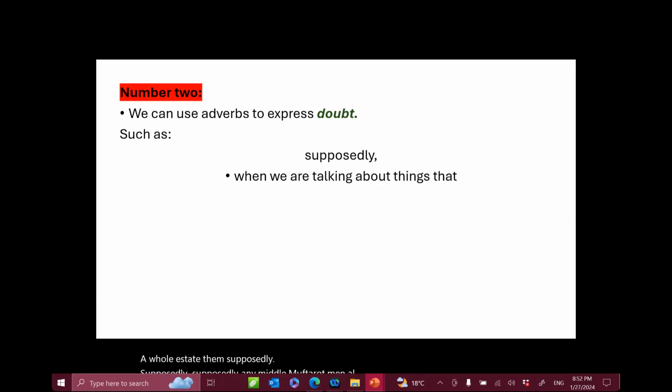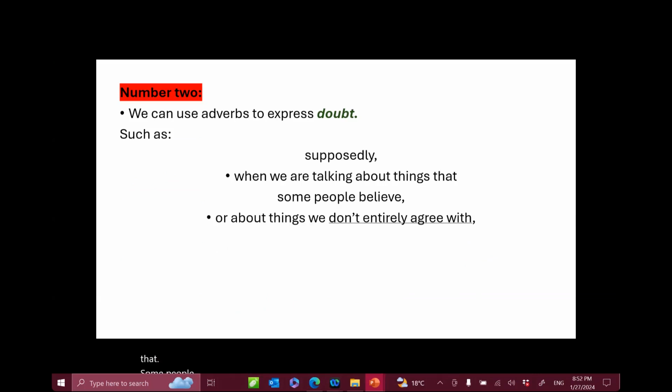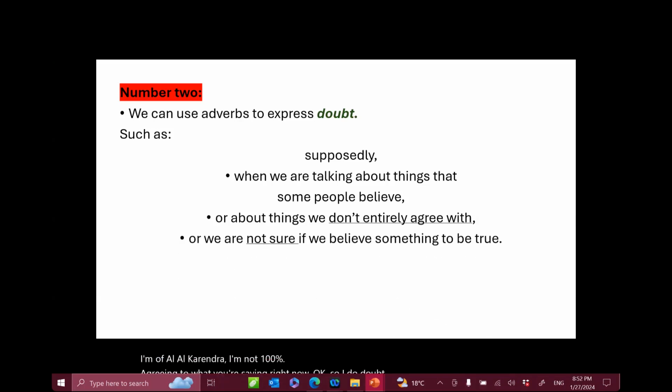When we are talking about things that some people believe, حاجة الناس هم اللي they believe مش أنا, or about things we don't entirely agree with. أنا مش completely موافقة على الكلام ده. I'm not 100% agreeing to what you're saying right now. Okay, so I do doubt. أنا عندي doubt هنا. Or we are not sure if we believe something to be true or not. Okay, ما عنديش معلومة أكيد.